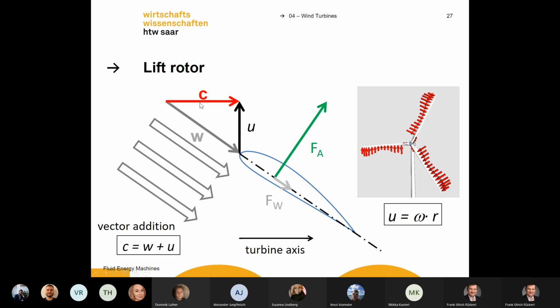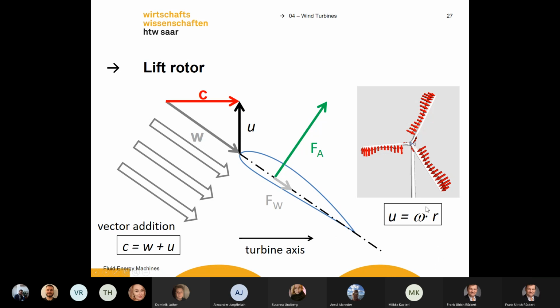Wind velocity always has the symbol C, and this is the rotation velocity U. And now, if you know something about vector mathematics, you can calculate the resulting velocity W from the vector of the wind C and the vector of the rotation velocity of your windmill.